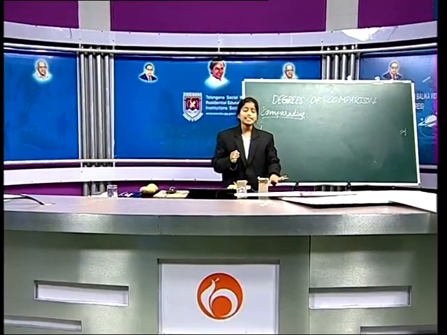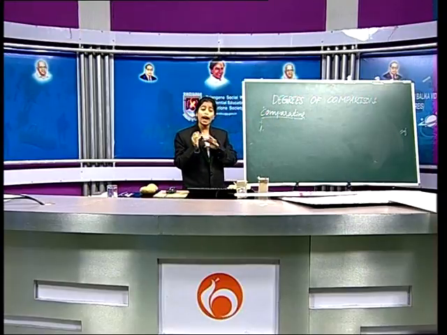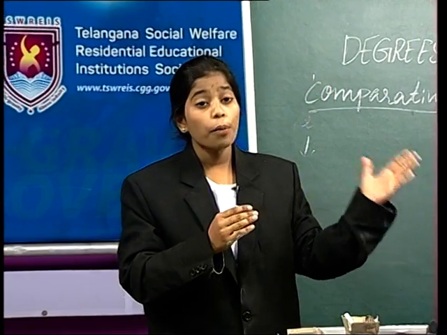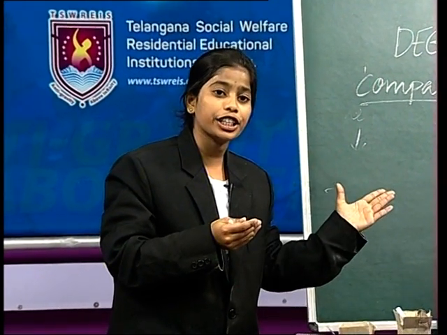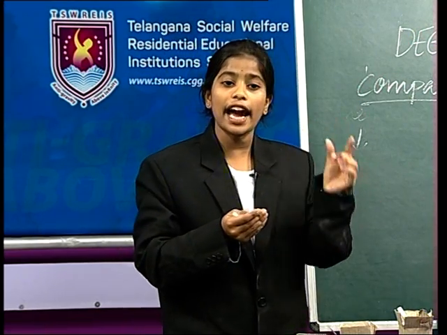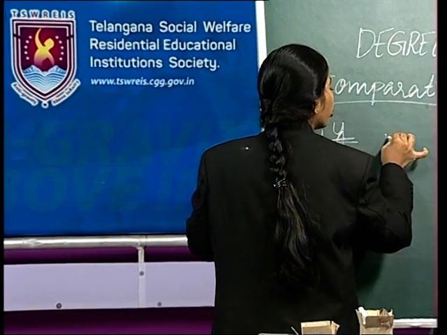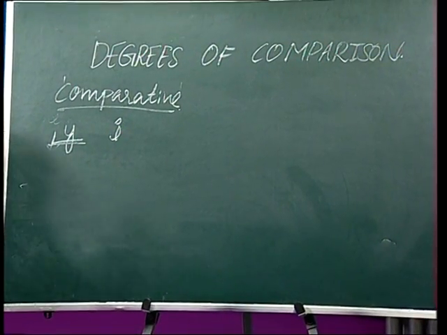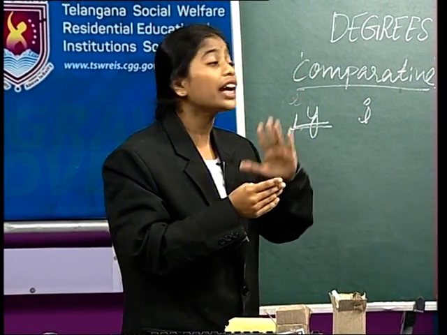So my dear friends, do you all understand what is positive, comparative and superlative? When some of the adjectives have more than one syllable in the positive form, and the word ends in Y, the Y is changed into I, and er or est is added for the comparative and superlative form of the adjective.